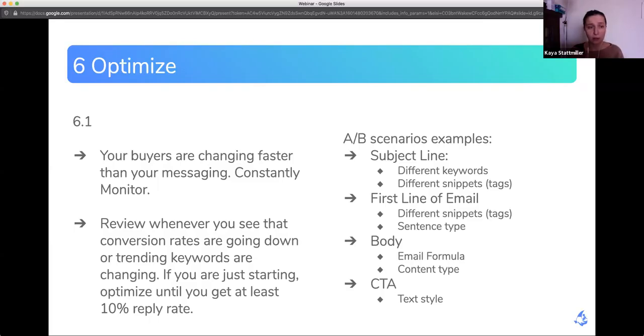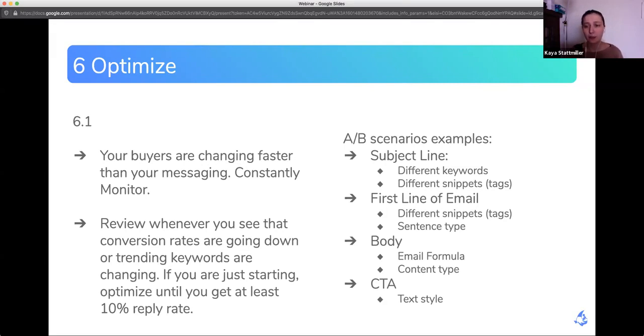In terms of optimization testing, test the subject line, different keywords, different snippets, meaning different snippet tags. You can start with the outcome, or you can start with the pain. See what triggers more people to click on the email.